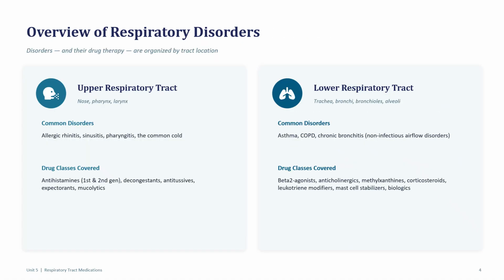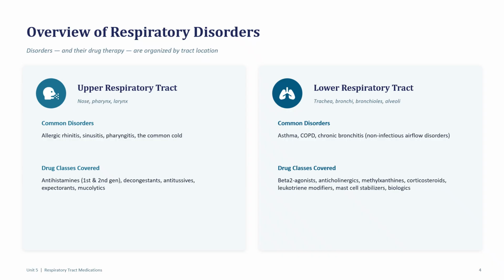This slide is really just a map of the way this presentation is laid out. So let's use it rather than reading every medication class listed. Notice the split lines up exactly with what we just talked about. Upper tract problems are mostly about irritation and secretions, so allergic rhinitis, sinusitis, the common cold.